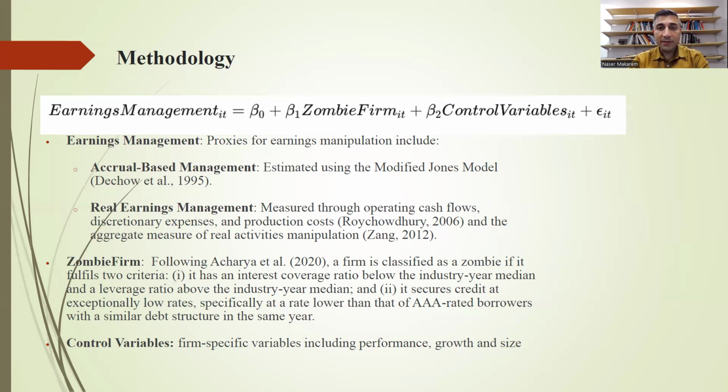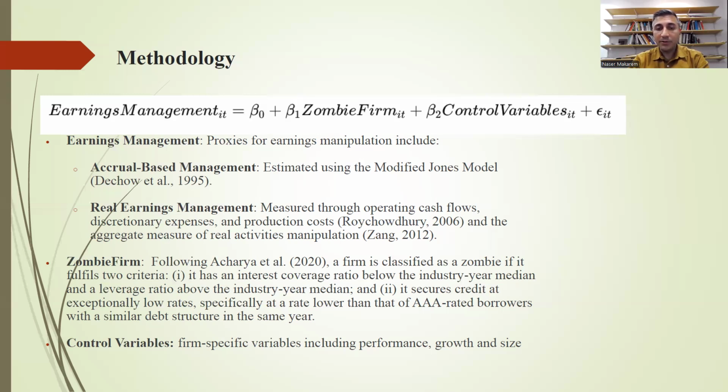To identify whether a firm is a zombie or not, we follow Acharya et al. 2020, and a firm is classified as a zombie if it meets two criteria. First, it has an interest coverage ratio below the industry median and a leverage ratio above the industry year median. Second, it secures credit at exceptionally low rates.